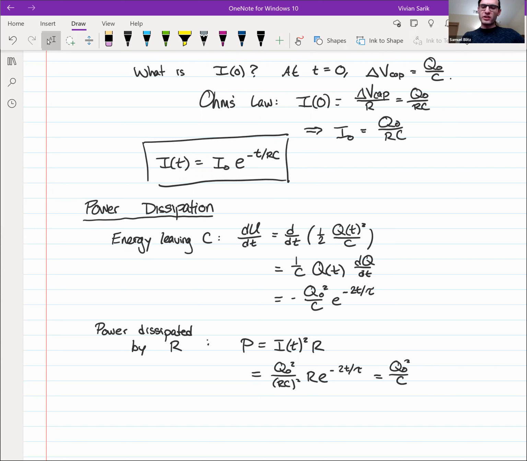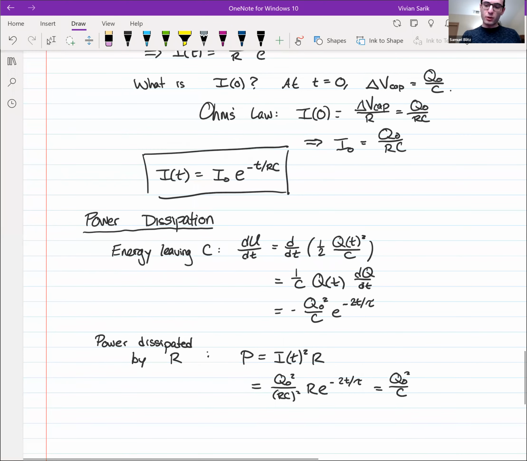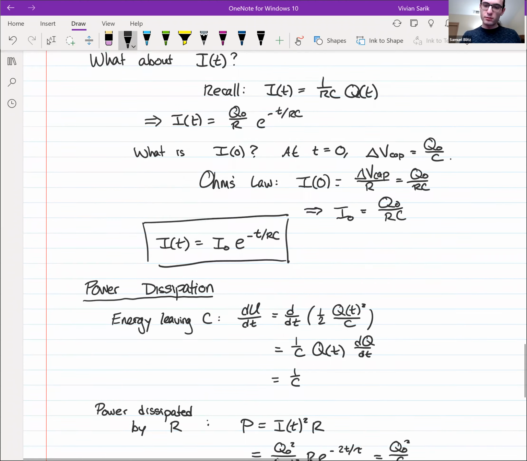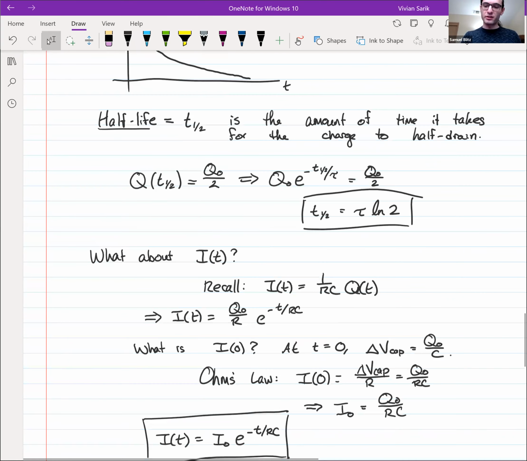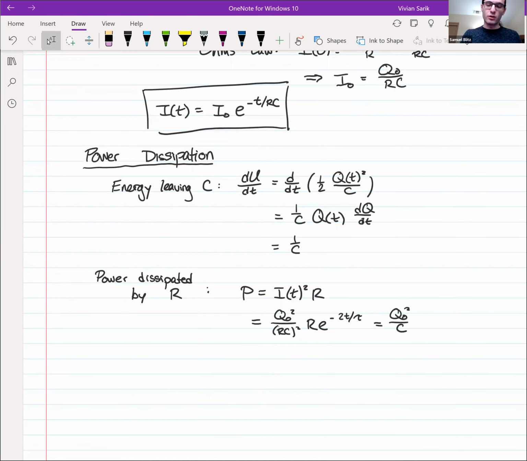Oh, this is wrong up top. Let me go slow and actually do the derivatives correctly. So what we have is Q, which is Q naught times e to the minus t over tau. Yeah, I did do the derivative wrong.